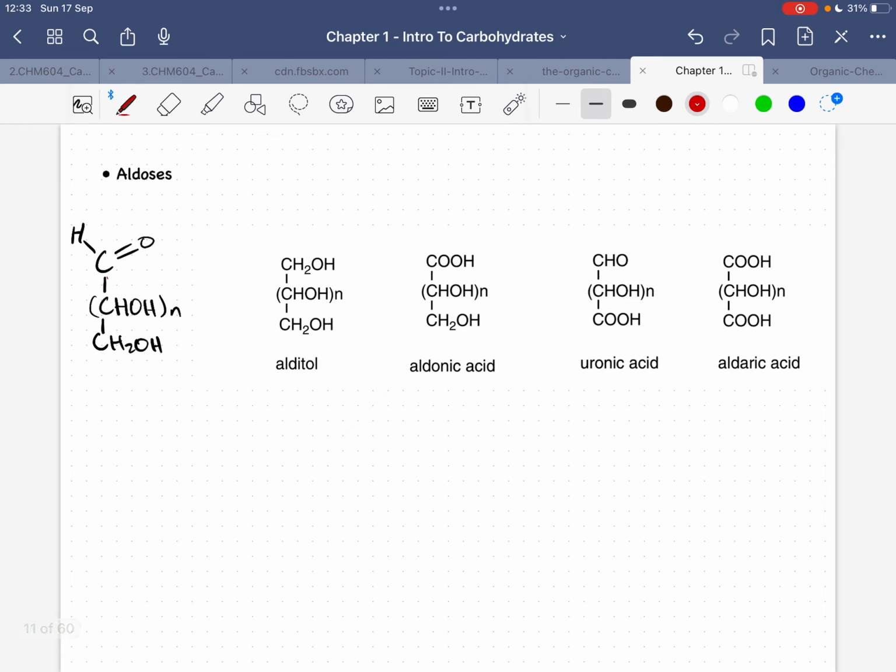Sorry about my cat. So, an aldose can be derivatized or refunctionalized. For example, you have a given aldose structure here. Remember in organic chemistry, we have different oxidation levels, from alcohols to aldehydes and ketones, and carboxylic acids. So suppose this is an alcohol, this is an aldehyde, and this is a carboxylic acid.